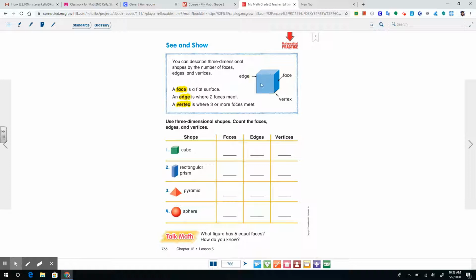So there's an edge because here's a flat face, there's a flat face, and this edge right there, that's the edge, and here's an edge. This one's kind of easier to show because you can see the two flat faces that meet. And a vertex is where three or more faces meet. The vertex, guys, are the points. Vertex is a fancy word for the corner or the points where they all meet together, okay?